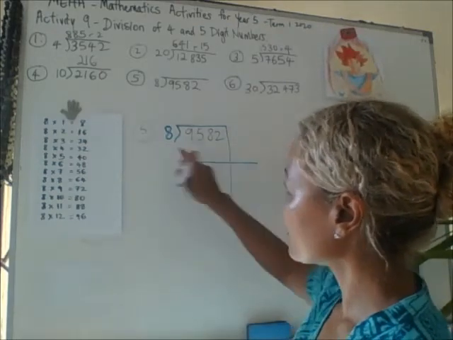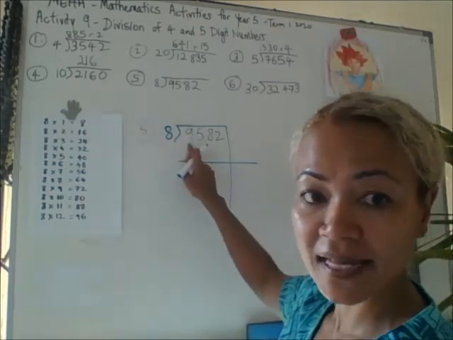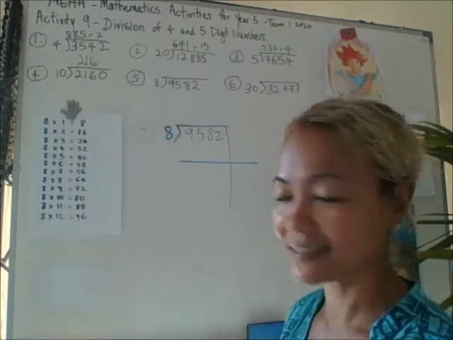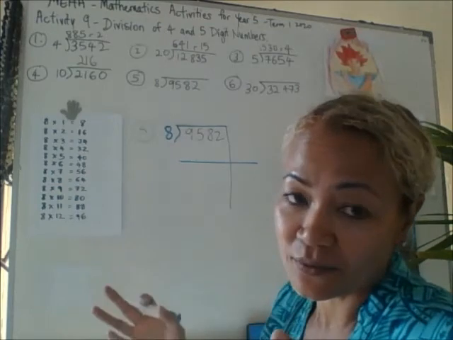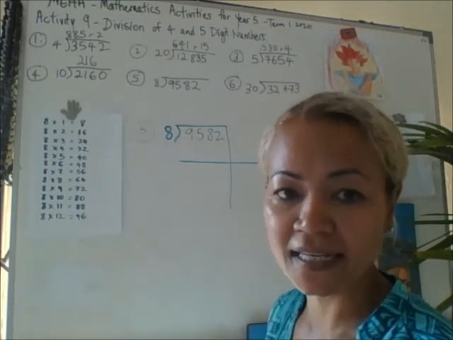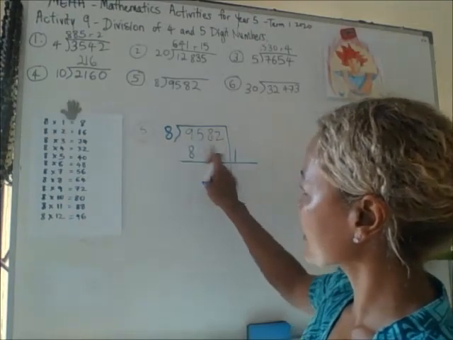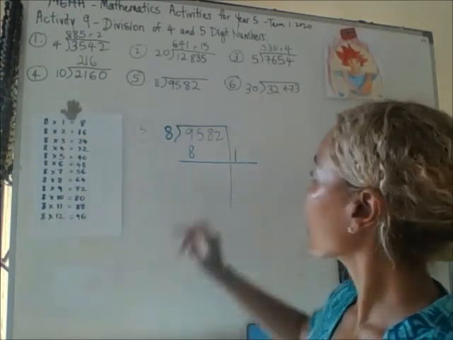Okay, so we start off. Does 8 go into 9? Yes, it does. Goes in 1 time. 8 ones are 8, right? 8 twos are 16. 16 is already way over 9. So we choose 1. 8 ones are 8. Okay.